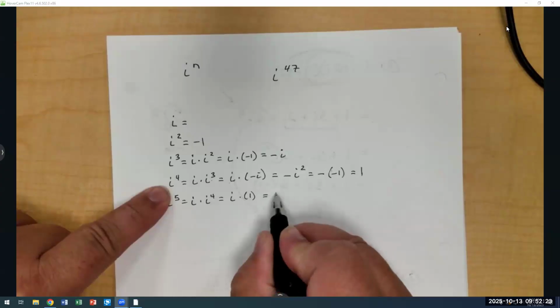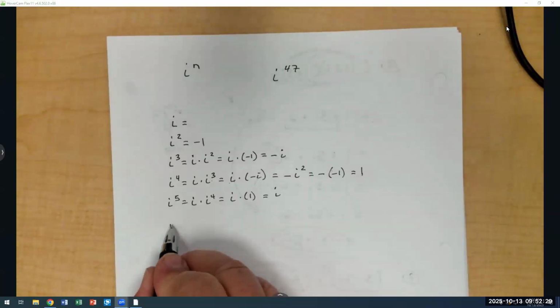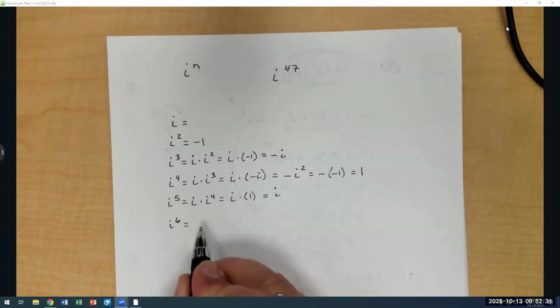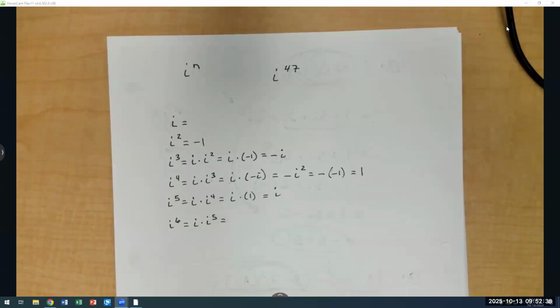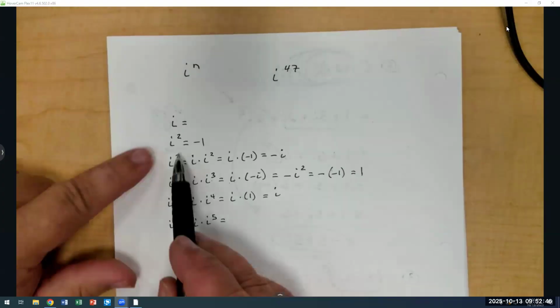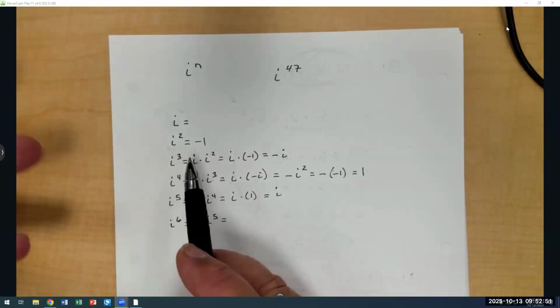So i times 1 is just i. i to the 6th is i times i to the 5th. Everybody see what I'm doing here? I'm building up from one of the ones I just proved. I'm using that to prove the next one. I use this to prove this one. That's why it's called inductive proof.